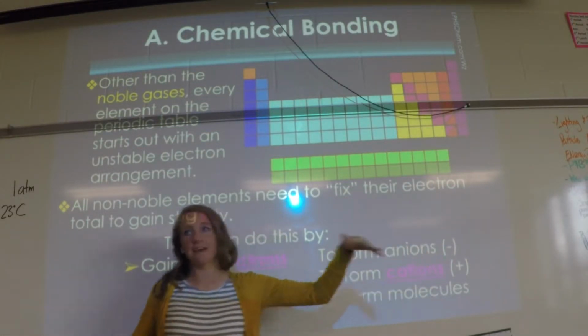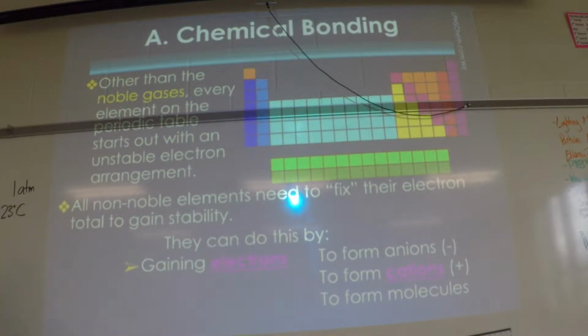We call that an anion. The other way is they can lose electrons, and that makes a cation, which is positive. Or the final option is they can share their electrons to get 8. So 3 different ways in which an atom can achieve that stable full shell.